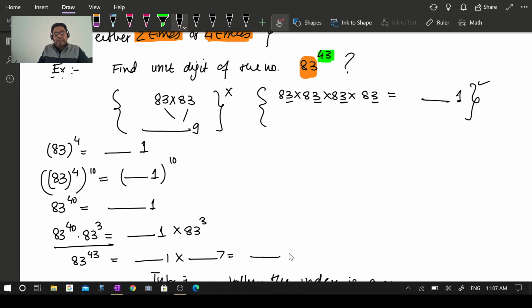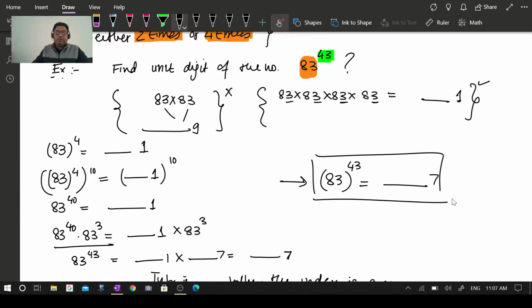So 1 into 7 comes out to be 7. So I can easily say that 83 to the power 43 has a unit place of 7. So I hope that the unit digit of 83 to the power 43 is clear.